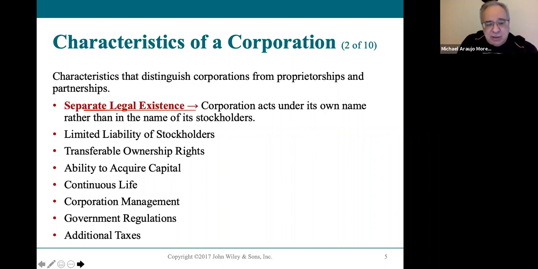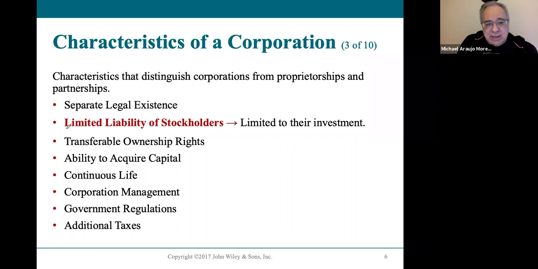Another advantage: if I were a sole proprietorship, knowing that under the law there's no difference between me, the person, and me, the business, everything my name is on, whether it's a house, cars, or savings account, is at stake because I, the person, am getting sued for something I might have done wrong.